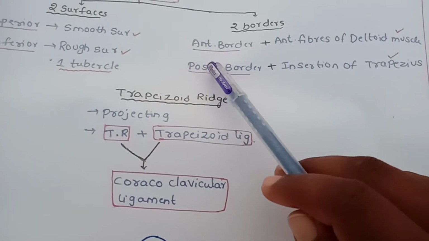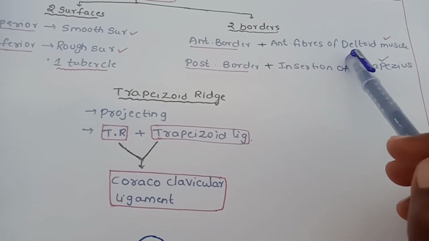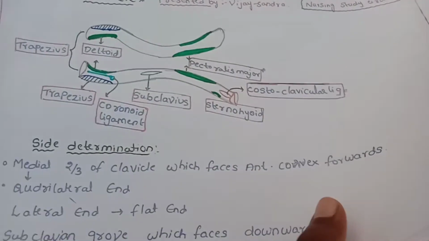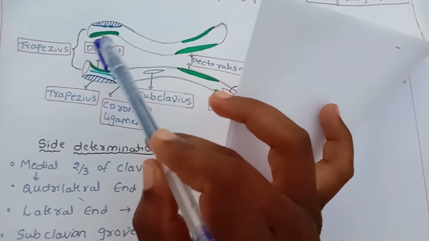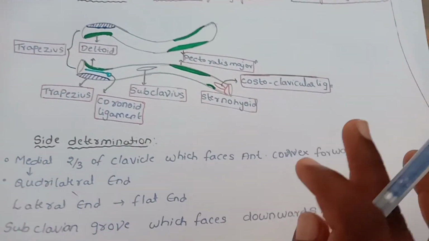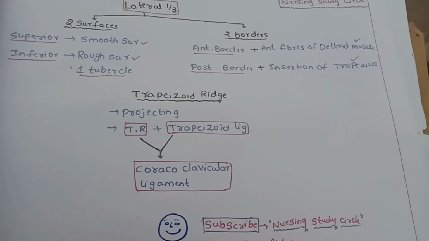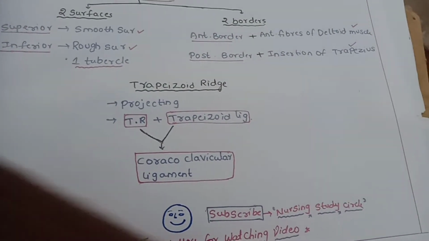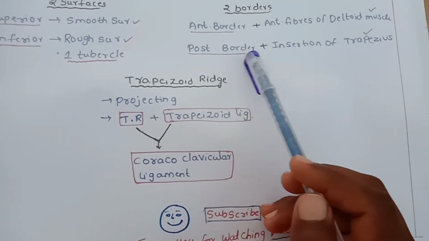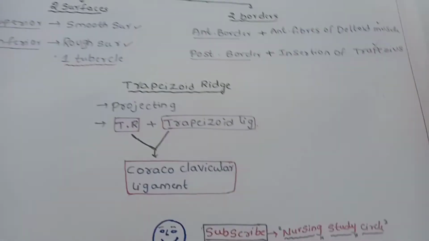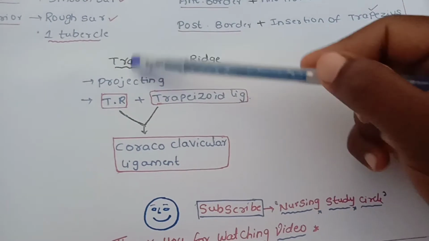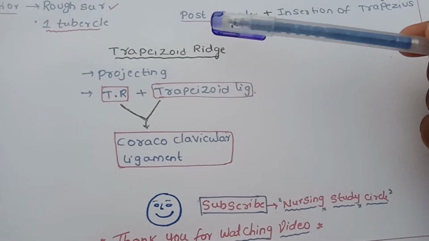The anterior border has the anterior fiber of the deltoid muscle attached, and the posterior border has the insertion of trapezius. The trapezoid ridge is projecting.